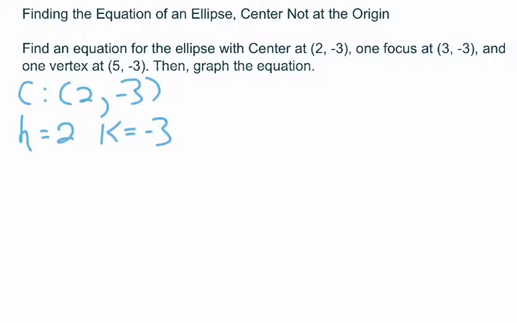Since the center of our ellipse is at (2, -3), that means h is 2 and k equals -3. The center, focus, and vertex all lie along the line y equals -3. So this means that the major axis is parallel to the x-axis.